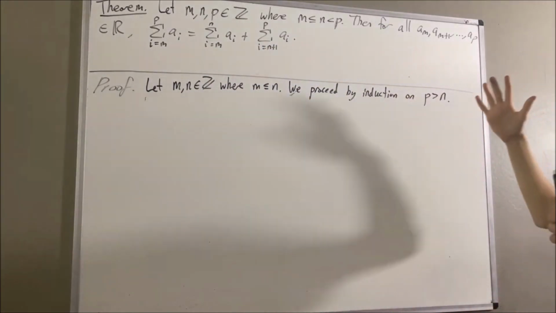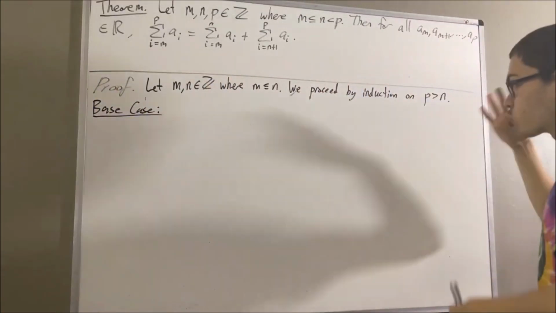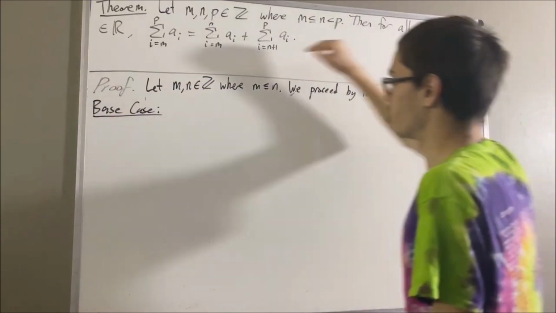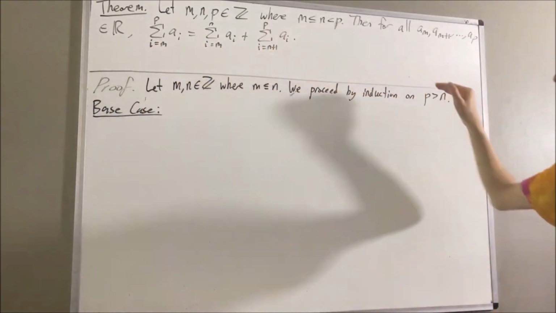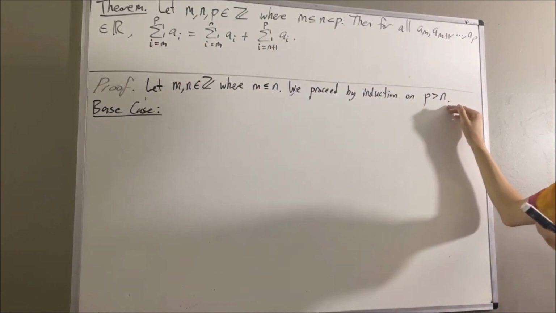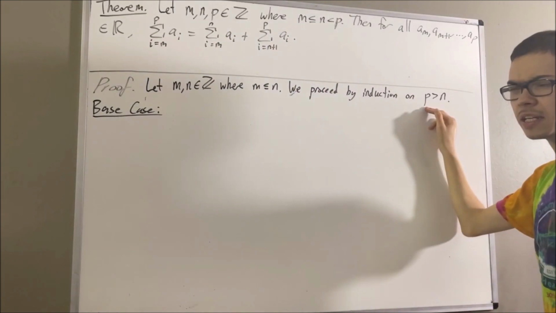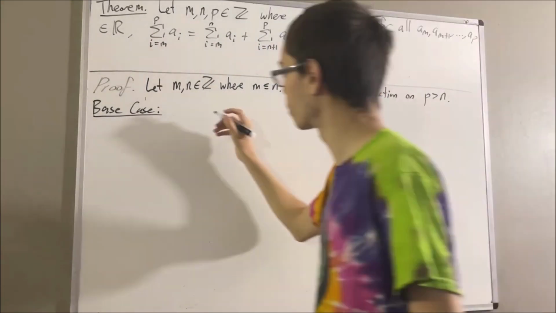Okay, so let's start with the base case. In the base case, we're trying to prove that this is true in the case where p is the smallest integer greater than n, which means p is equal to n plus 1.